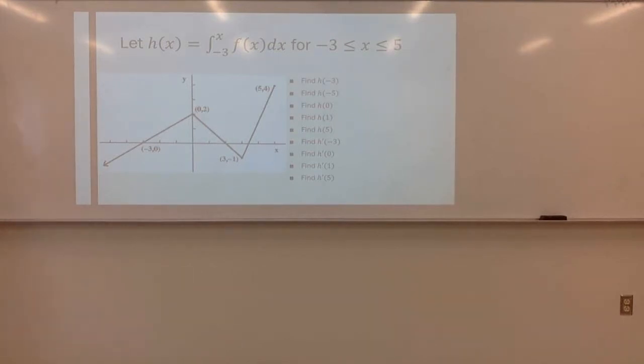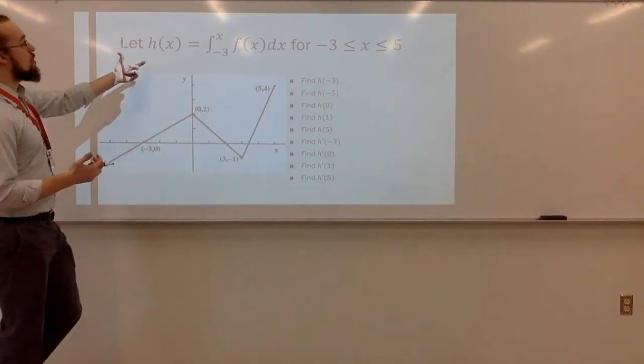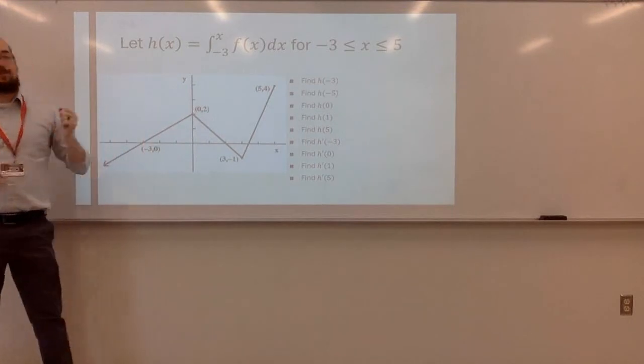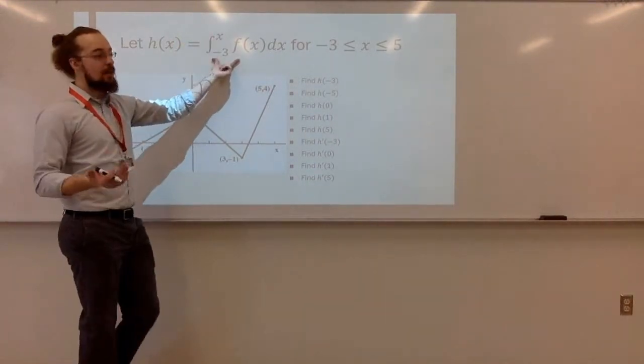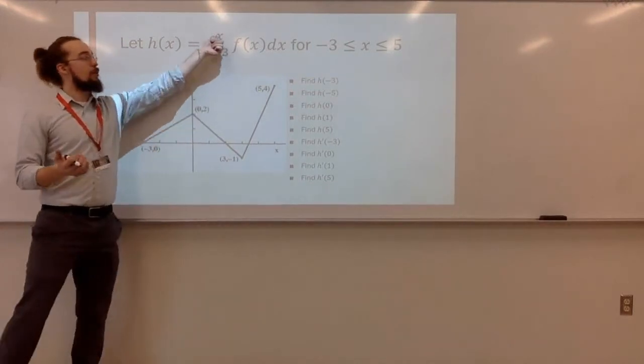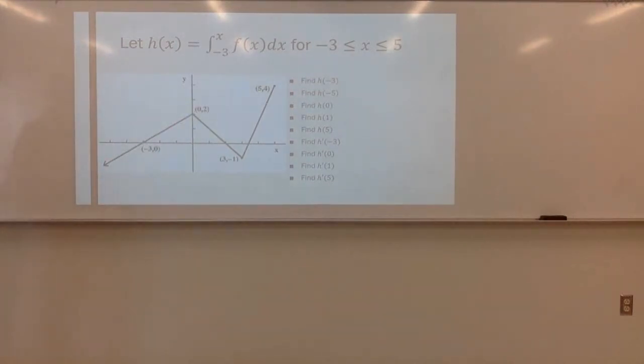A lot of the time, we will see functions presented like this, where we define some function to be the integral of another function starting at some value and ending at x. What is this called? Integrals as a function of x.